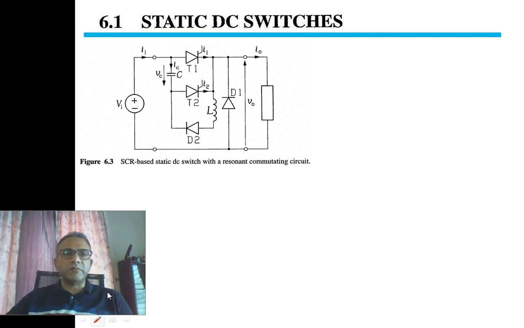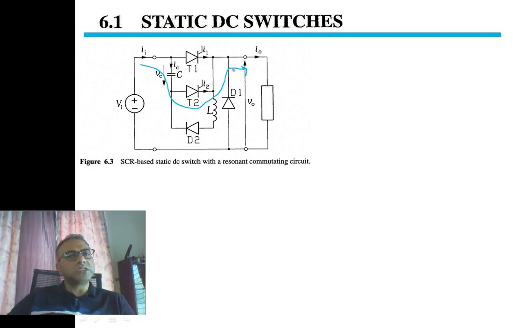Then we have a very simple answer: bypass T1 and make the current flow through T2. Fine, we have bypassed T1, therefore the current in T1 comes to zero and T1 is turned off. But now, since the main current is flowing through T2, who will turn off T2?